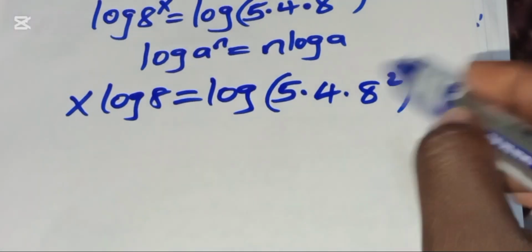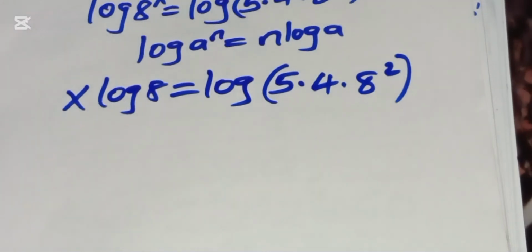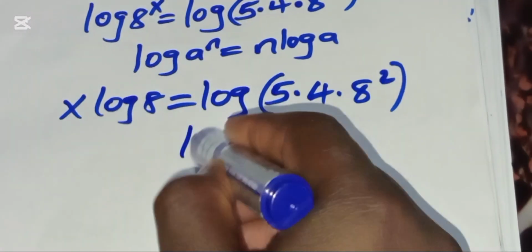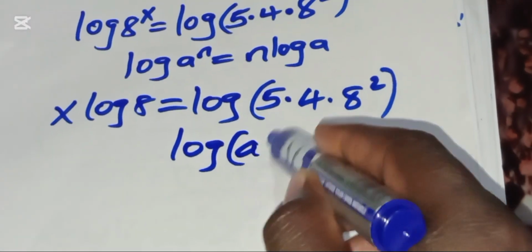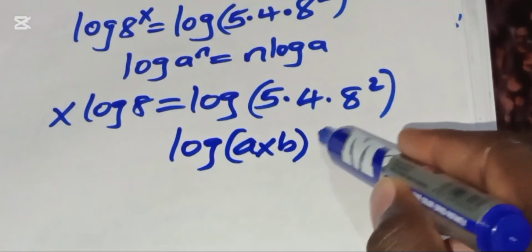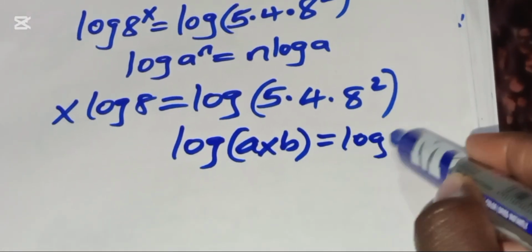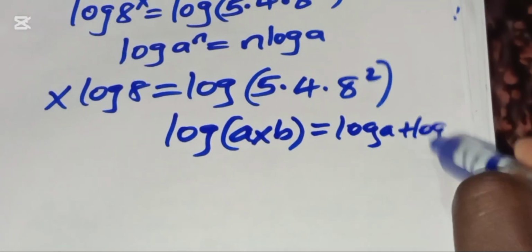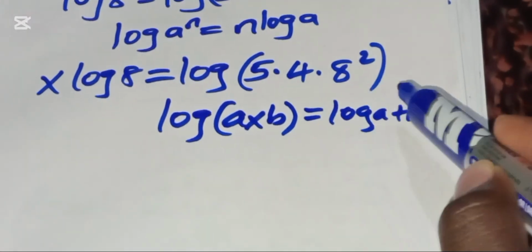Now log of 5 times 4 times 8 squared is in the form of log a multiplied by b, which can be expressed as log a plus log b. Let's apply this property.